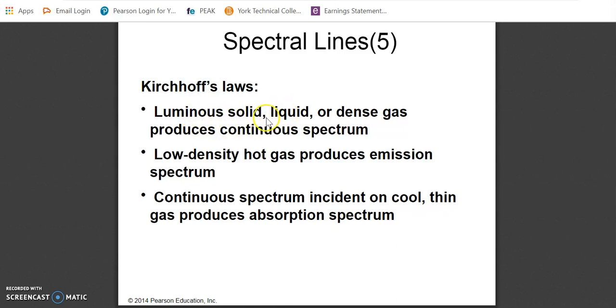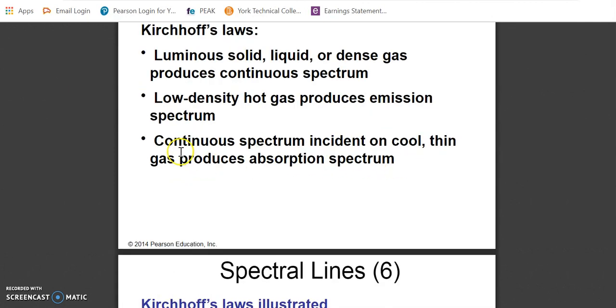So when you have solids or liquids or dense gas, they produce a continuous spectrum. Low density hot gas: if the gas is hot enough to emit light, you'll get an emission spectrum. And then you have a continuous spectrum behind some cool gas, relatively thin.